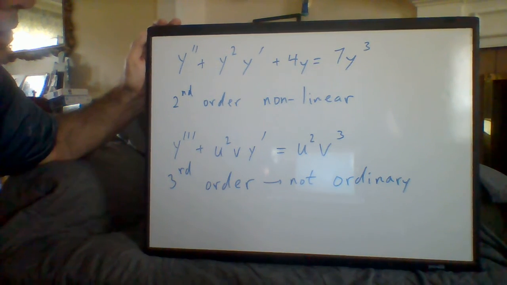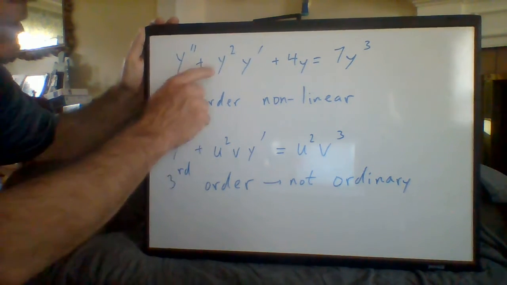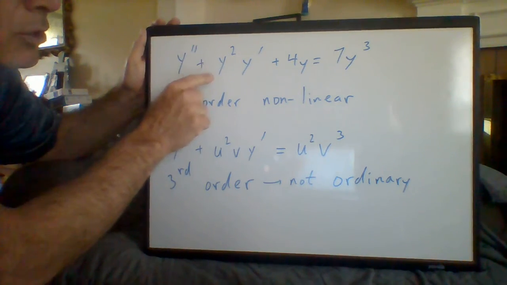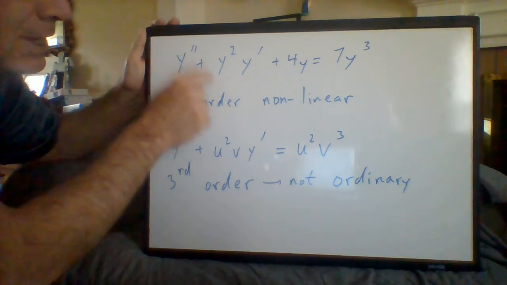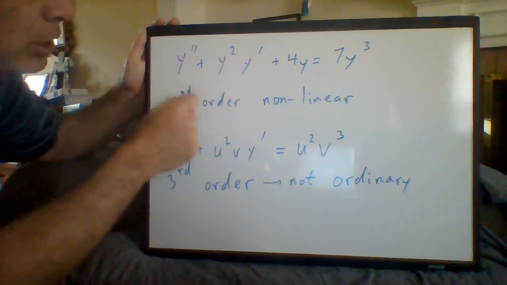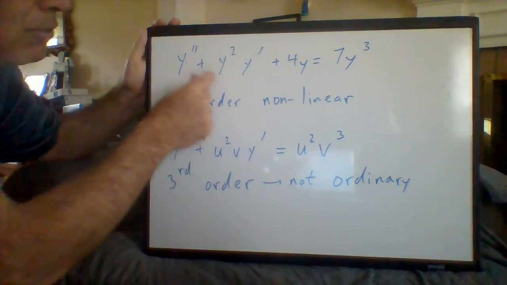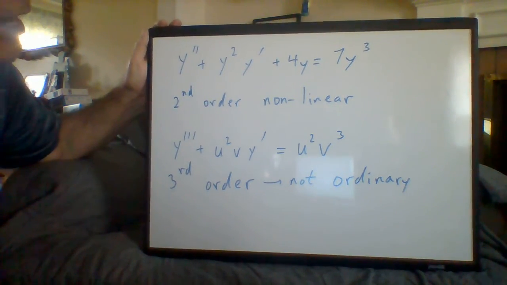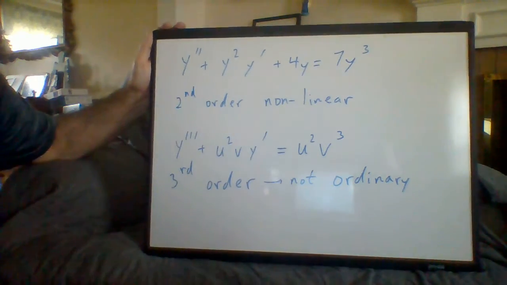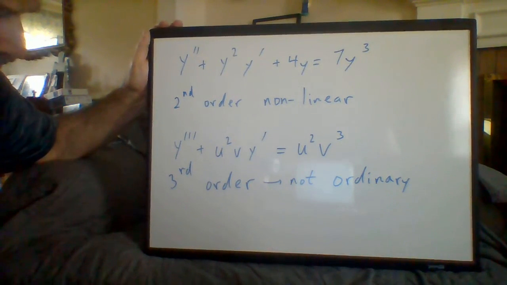And notice that this is second order because that second derivative is the highest derivative that we see there. And notice it's nonlinear because instead of being functions of the independent variable t, I have a coefficient here that is a function of the dependent variable y. And similarly on the right hand side here with that 7y cubed.